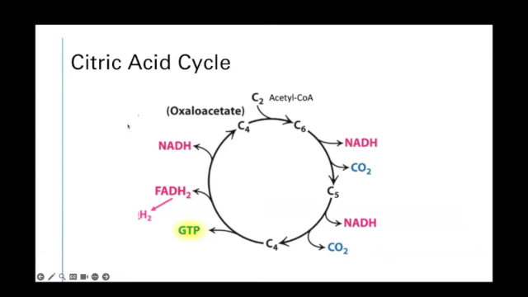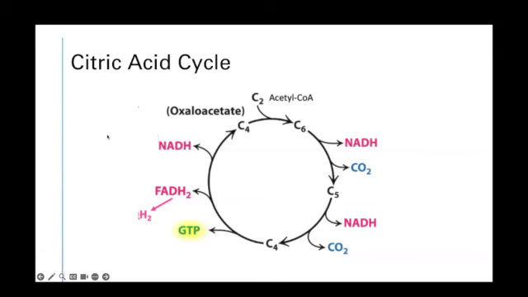And in the process of the citric acid cycle, we lose 2 CO2. Oxaloacetate is regenerated in our final C4 body, and each round of the citric acid cycle generates 2 CO2, 3 NADH, and 1 FADH2, which then gets added onto the Q cycle, and 1 molecule of GTP or ATP.